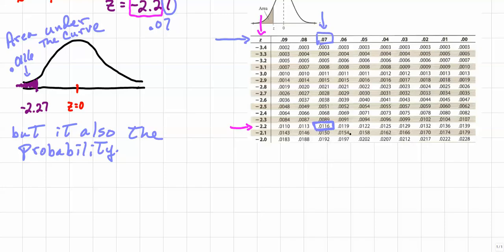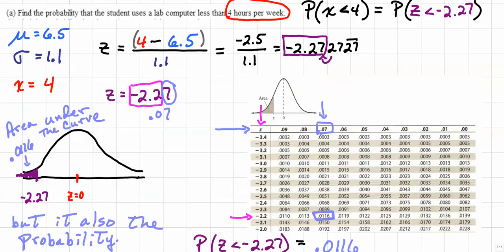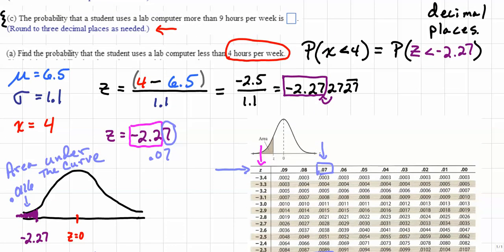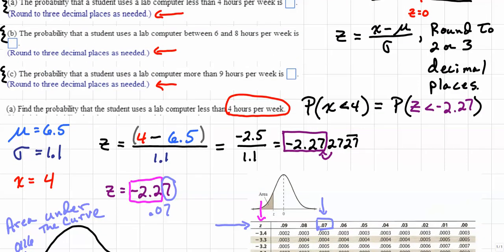So now that we've found this value, and we write down the fact that P of z is less than negative 2.27, we find that that is equal to the value of 0.0116. Now we're going to round this according to what my stat lab wants us to round the value to. And if you remember, and let's just scroll up a little bit, it says round to 3 decimal places for all of these values.